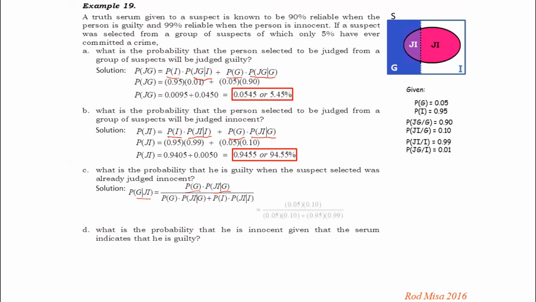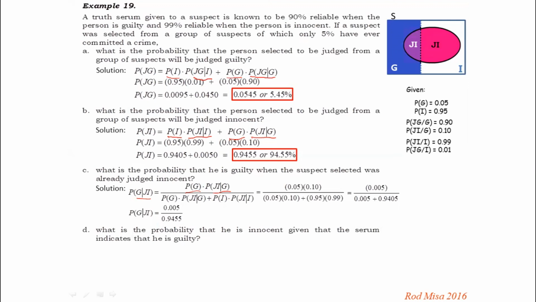So the numerator, which is equal to 0.05 times 0.10, divided by the total probability for judging the suspect as innocent, which is represented by the sum of the two products here. We have the numerator of 0.005 and the denominator as the sum of 0.005 plus 0.9405. So adding the denominator, we have the sum of 0.9455.